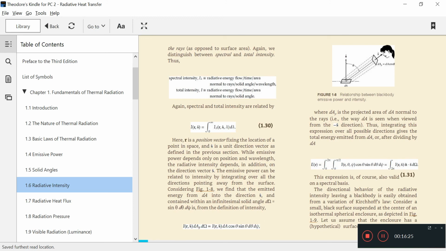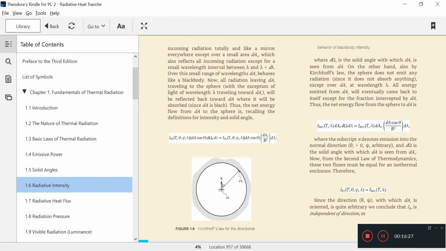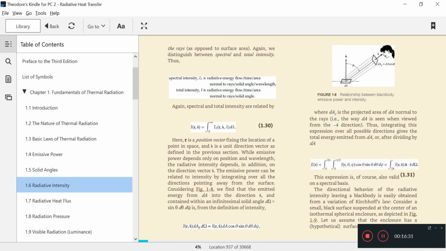So this is basically how we like to measure intensity. When we talk about intensity, there are two kinds. The spectral intensity, which is what we mentioned just now, is done per unit wavelength, per unit solid angle and area.